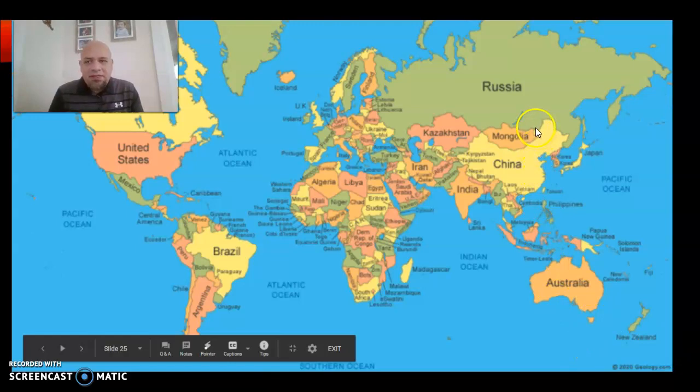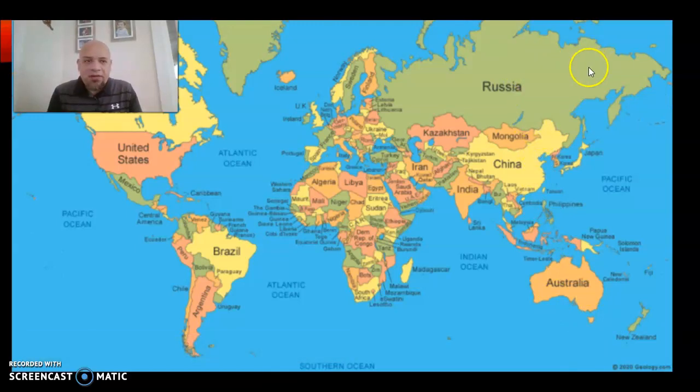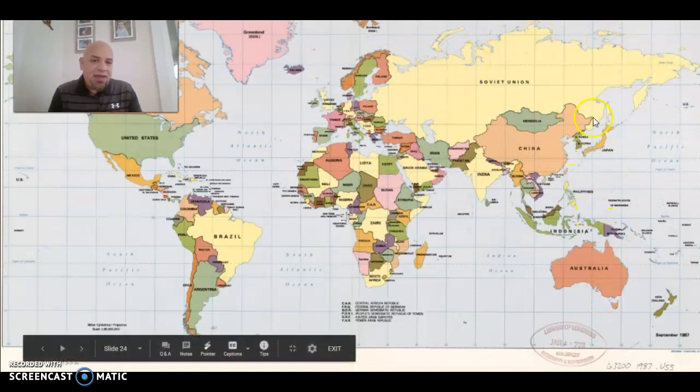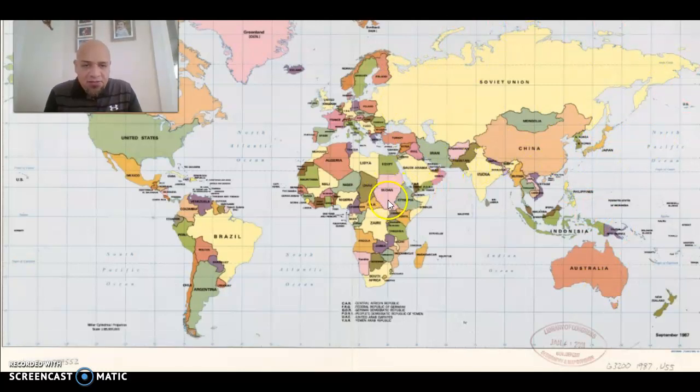So obviously the more accurate map is this one. But let's say you wanted a map from the 1980s that showed what the world looked like then. Well, then you would use this map, because this shows us what the world looked like in 1987.